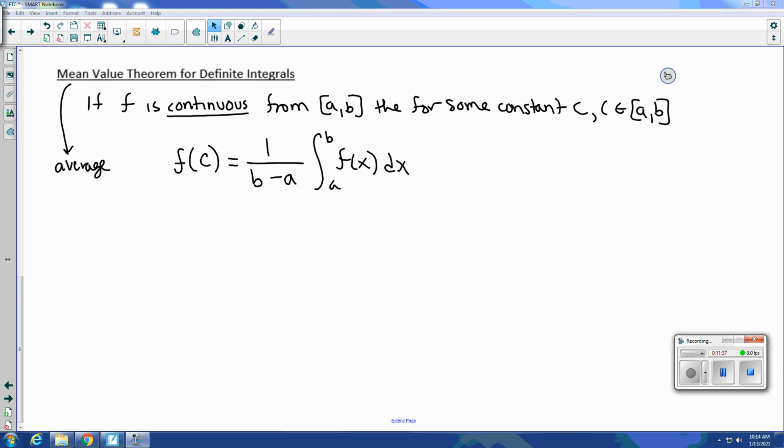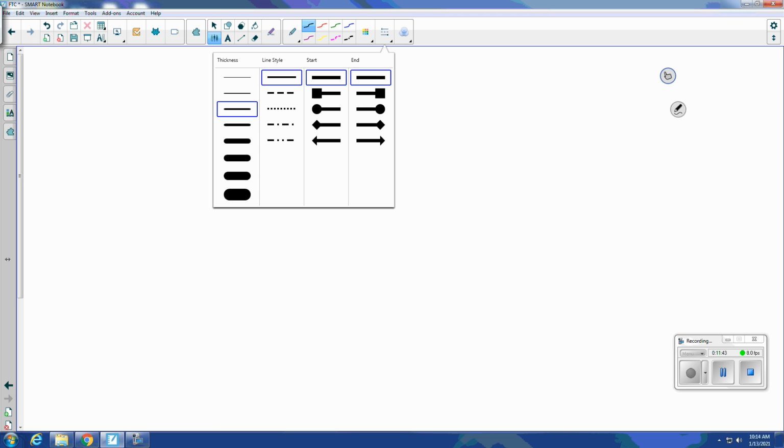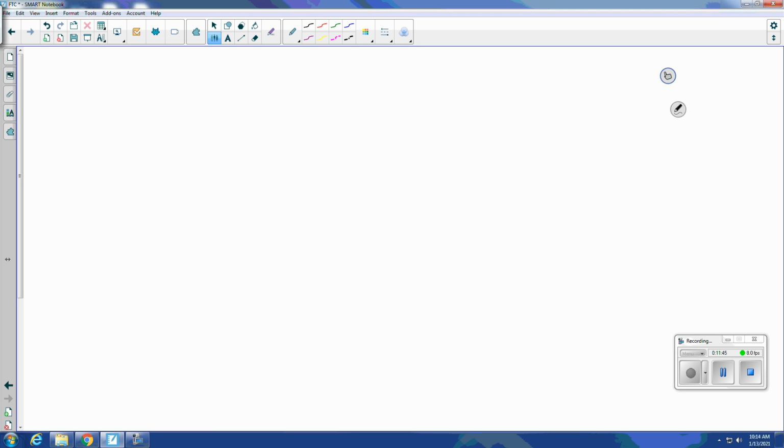Now, there's this really cool connection between area and slope that results from average value and what we learned about the fundamental theorem of calculus. So let's do the area slope connection.